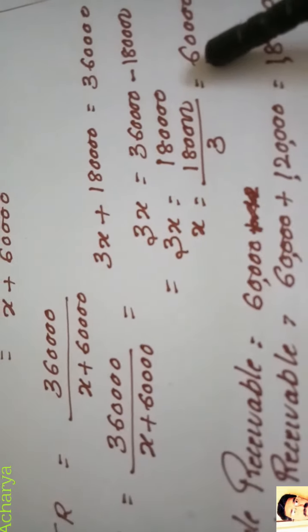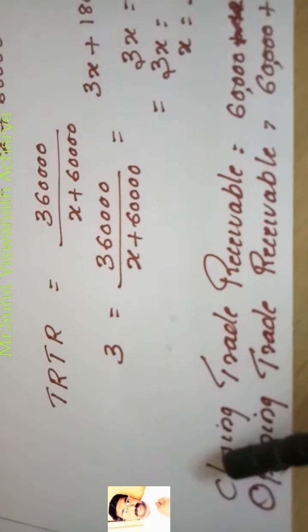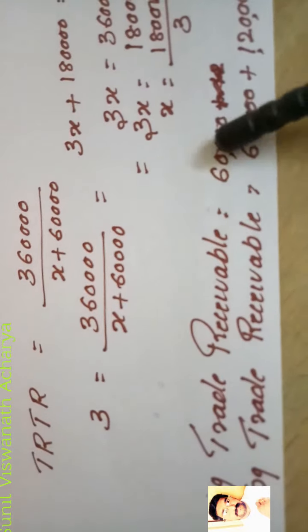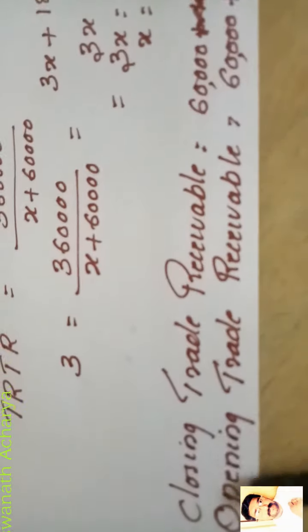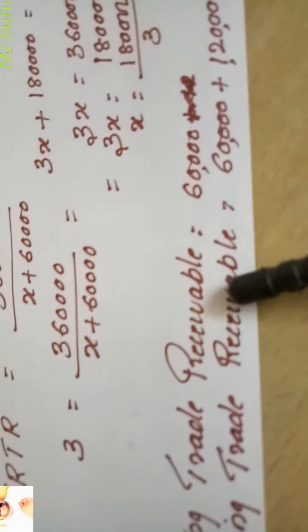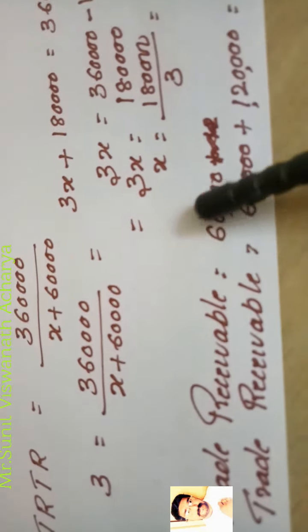We already took X as closing trade receivable. So we got closing trade receivable as 60,000. Opening trade receivable we took as X plus 1,20,000, because it is given in the question that opening trade receivable is 1,20,000 more than the closing trade receivable. Closing trade receivable we got 60,000.